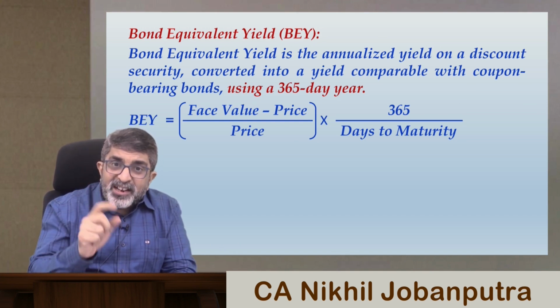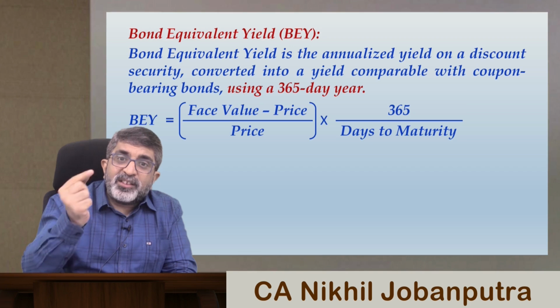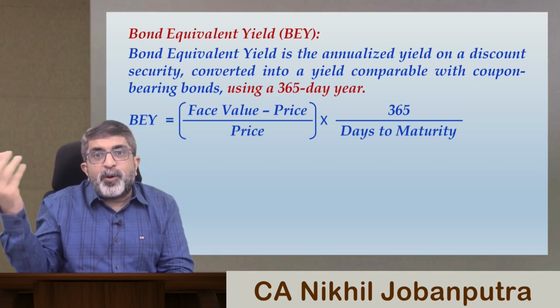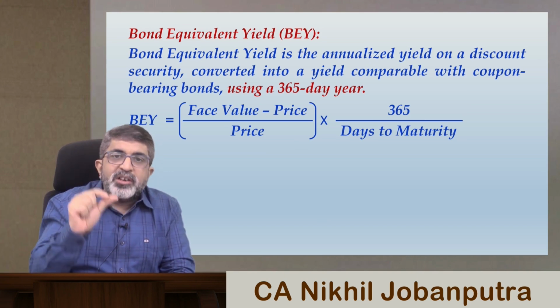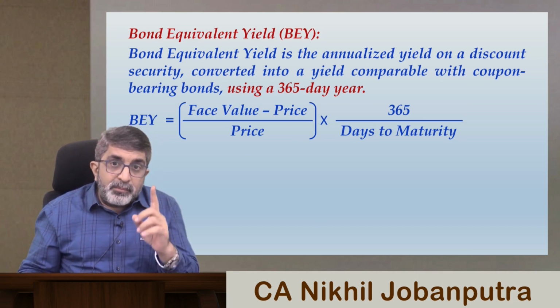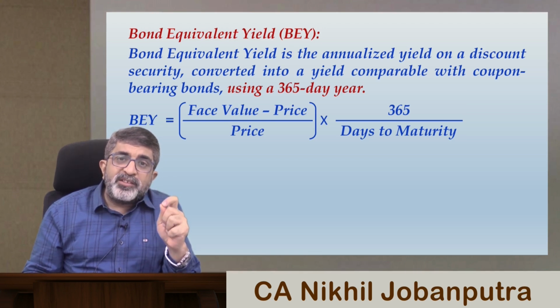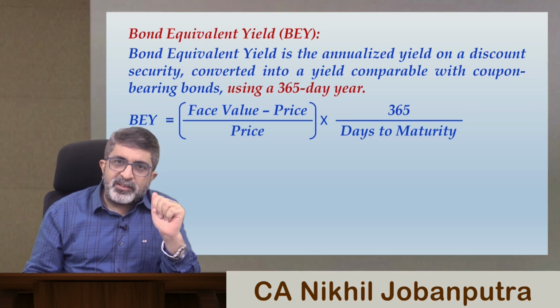That is why this yield is not for bonds, it is computed for a money market instrument, but in the style that is relevant for bonds. That is why it is called bond equivalent yield. Because it follows the bond market criteria, the number of days that you should consider will be 365 days.